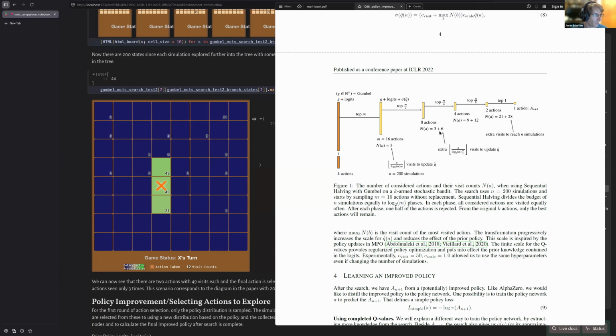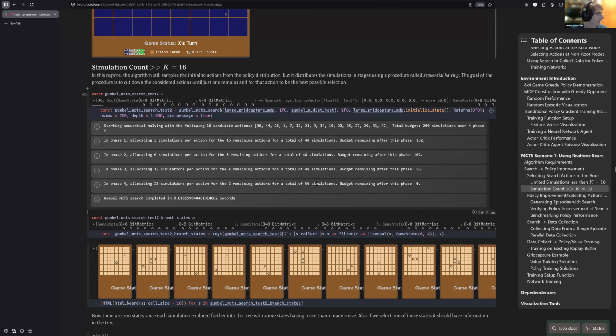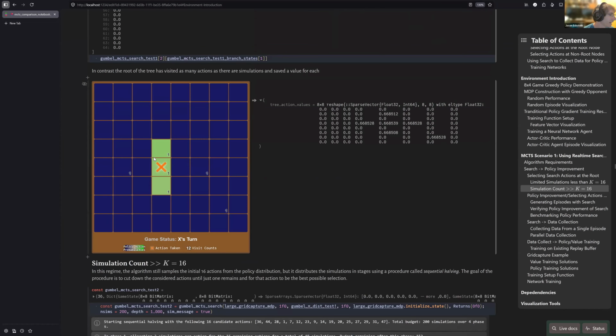So it initially assigns 3, then 6, then 12, then 28. And this 28 plus 21 is the 49 that you see here. And yeah, 28 assigned at the very last step to each of the 2 actions. So that's the difference in how things are allocated.